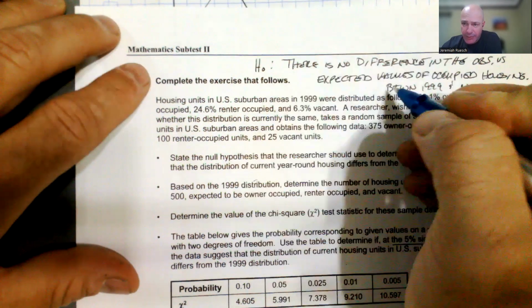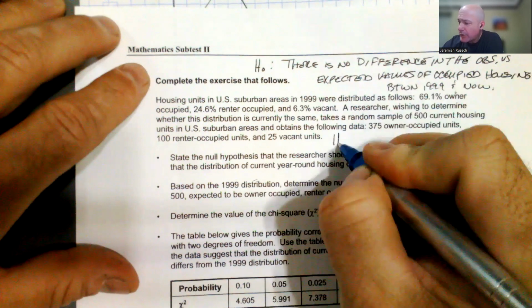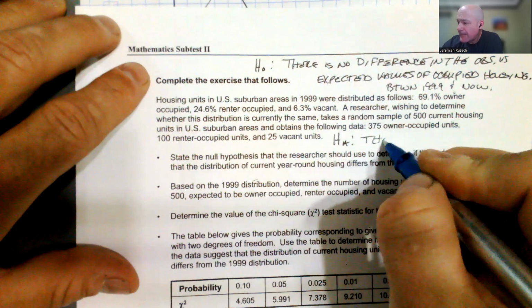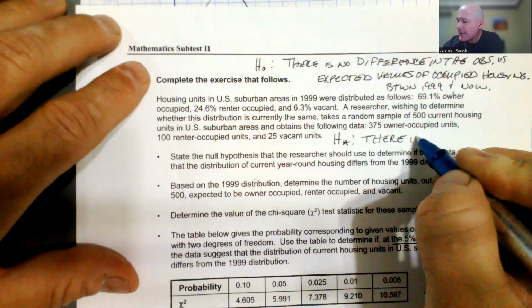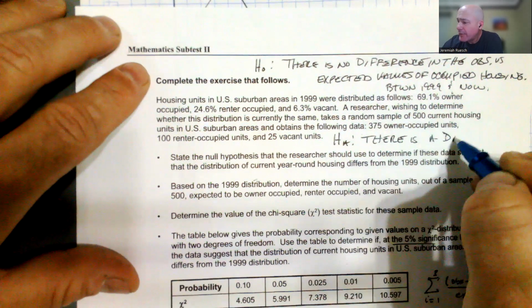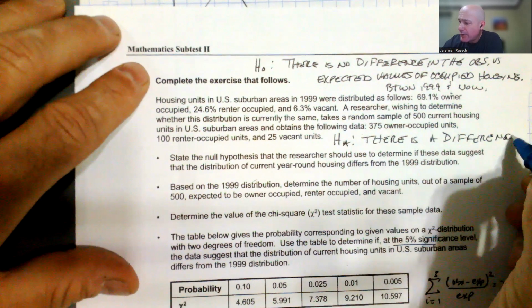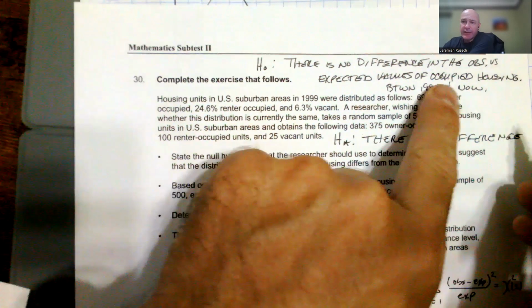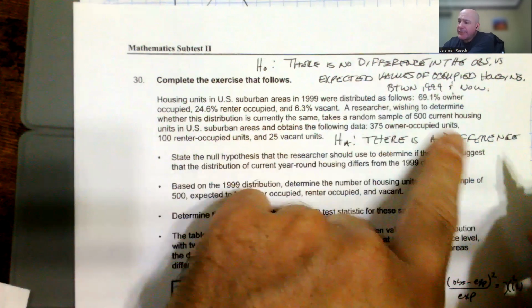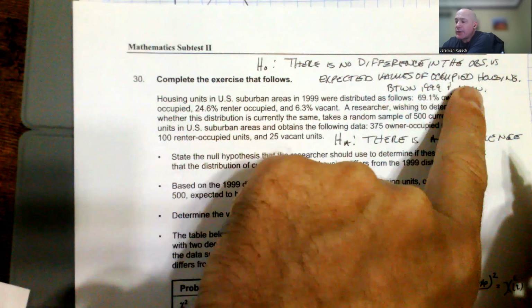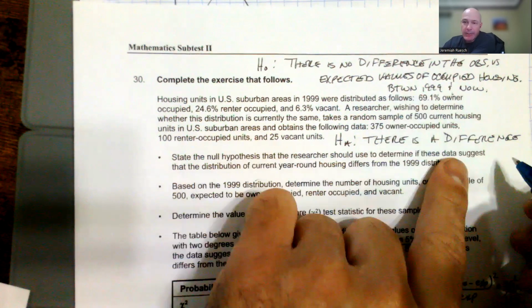Sorry, it's kind of crunched in there. Okay. So your alternative hypothesis is the same idea, but you would just say that there is a difference. I will not try to squeeze all of that in here, but you would say essentially exactly the same thing. There is a difference in the observed versus expected values of occupied housing between 1999 and now, would be your alternative hypothesis.